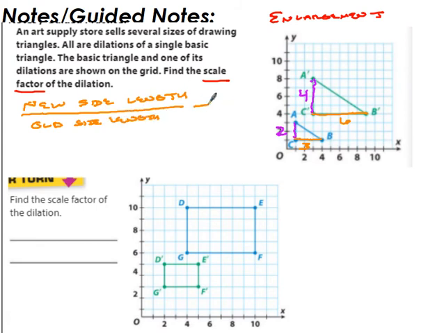So our new side length was 4, the old side length was 2. So my scale factor was 2. Maybe write scale factor on top of this. I'm going to put SF for scale factor.